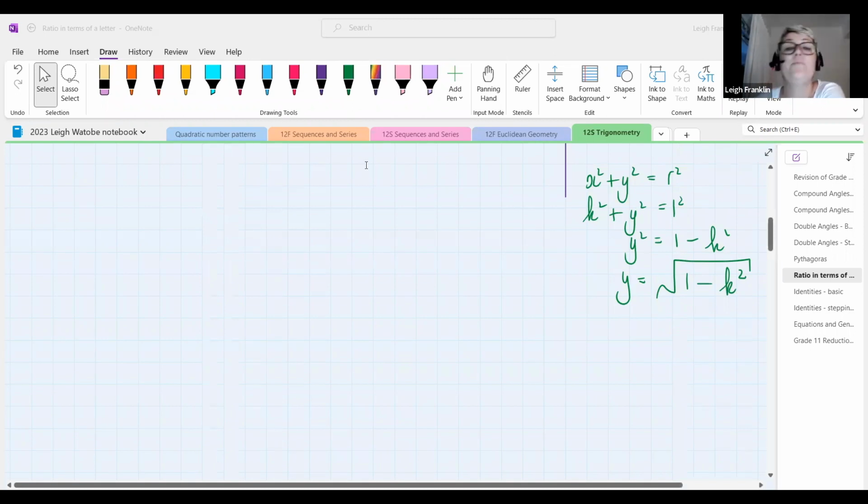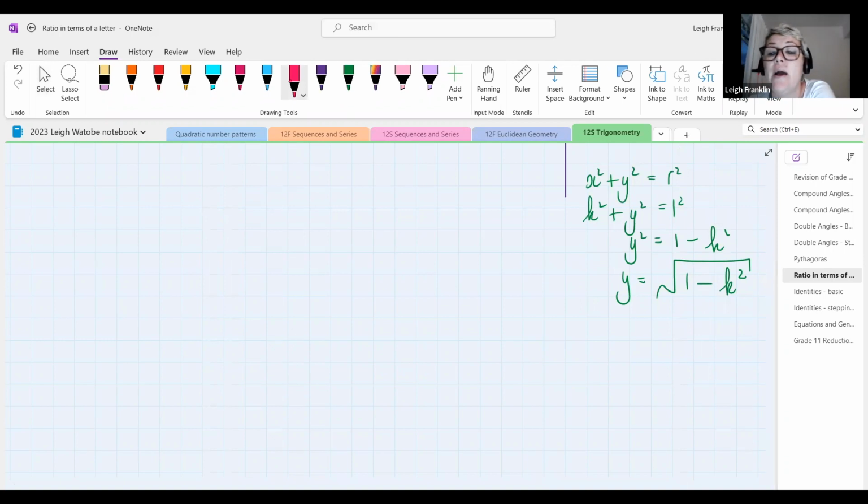Also, if I wrote my answer the wrong way around, so what if I got down here and I said y equals the square root of k squared minus 1? Would that be okay? Is it okay for me to swap the order around? Is that allowed? Good. All right.